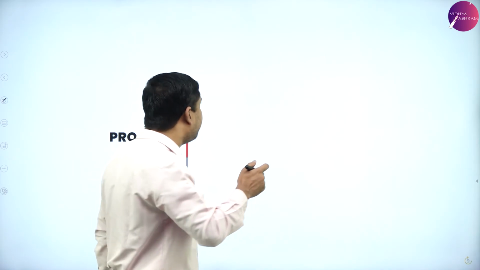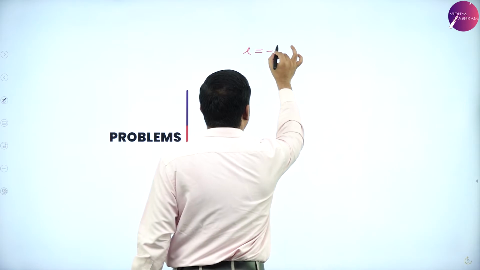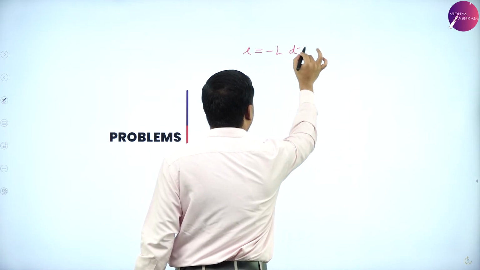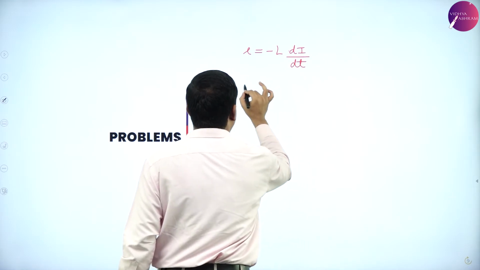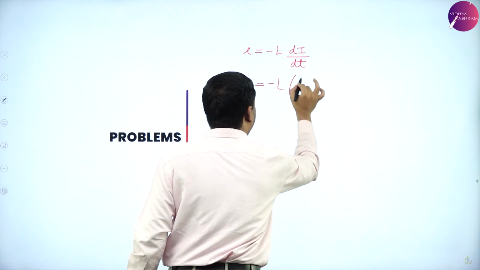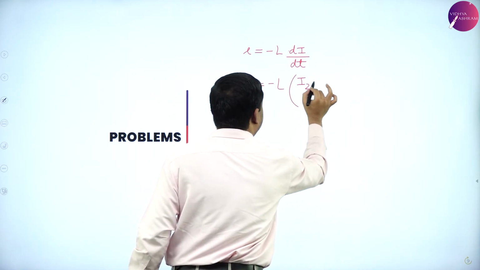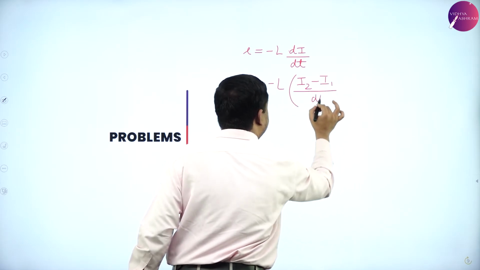Now, again the same way, E is minus L di by dt, or E is minus L (I2 minus I1) by dt.